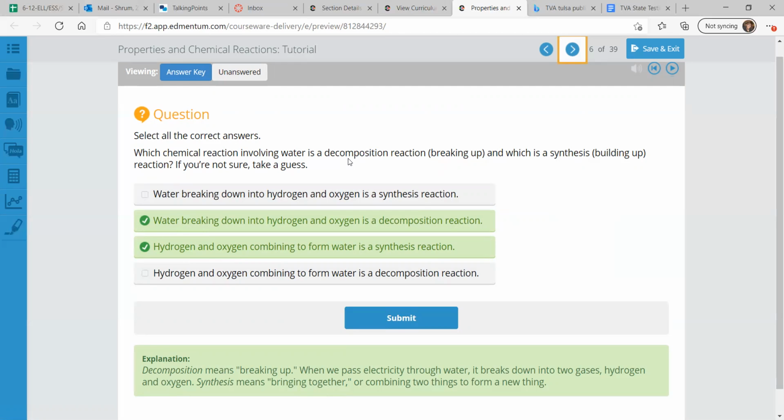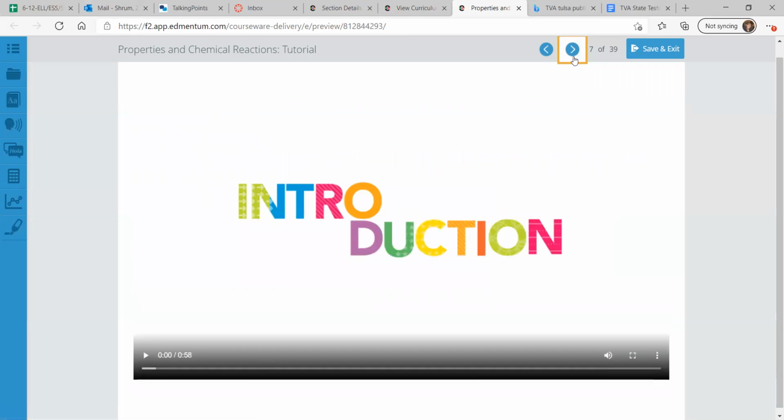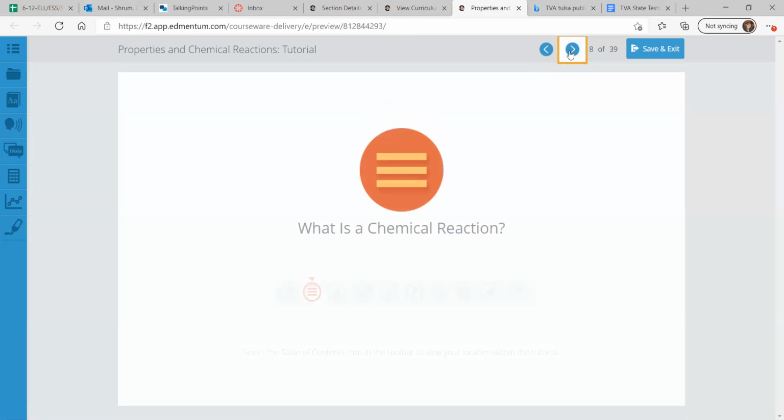All right, so water breaking down into hydrogen and oxygen is a decomposition reaction. You have a thing broken down into smaller things, and then you have smaller individual elements combining to form a big thing. Water, synthesis, decomposition. You'll get the hang of it in no time.